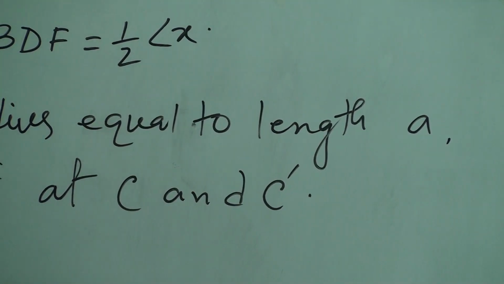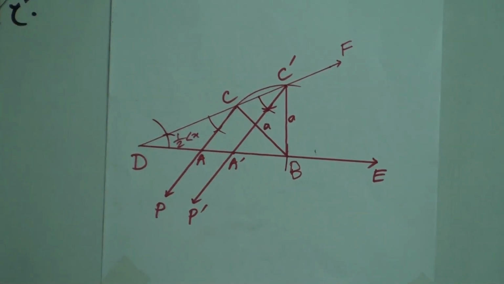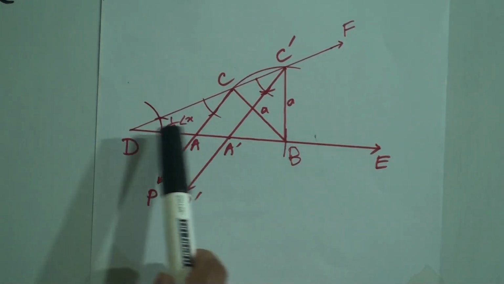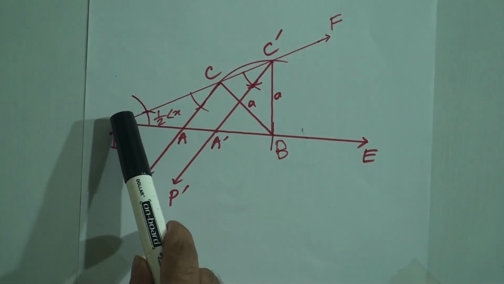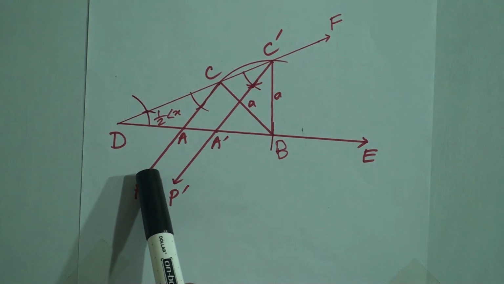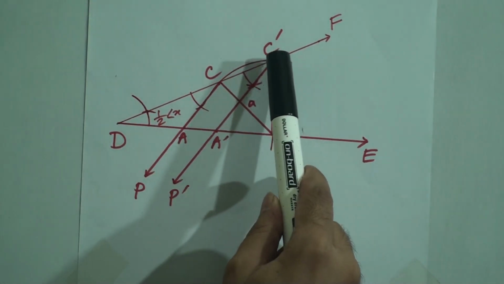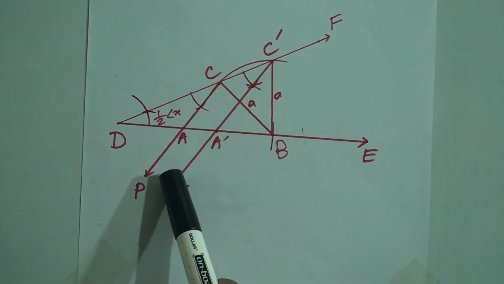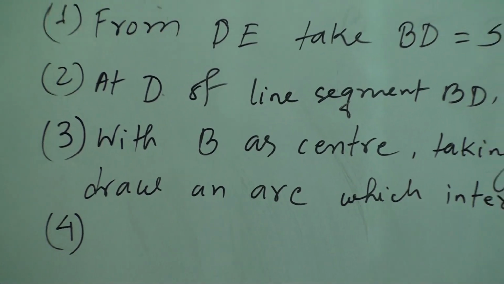Now what have I done here? Then I have drawn angle BDF equal to angle DCP, and angle BDF equal to angle DC prime P prime. Step 4. What have I drawn?